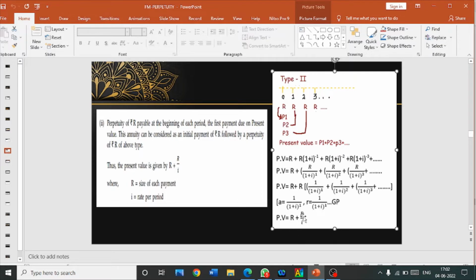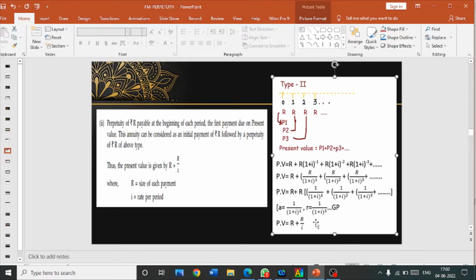So R plus R by i. This is the formula for type 2, in which the payment is made at the beginning of the month. So these are the two formulas for perpetuity: for ordinary annuity R by i, and for annuity due R plus R by i.